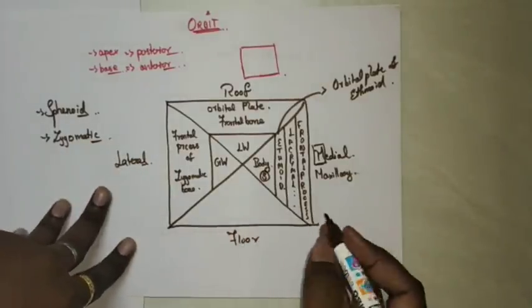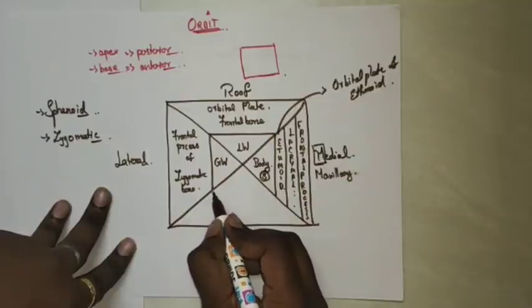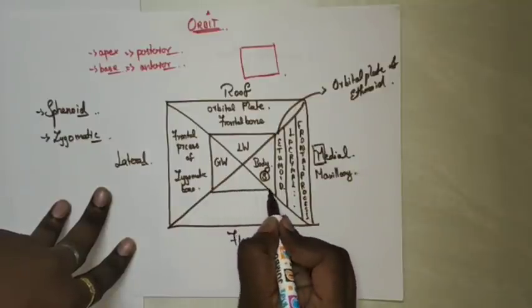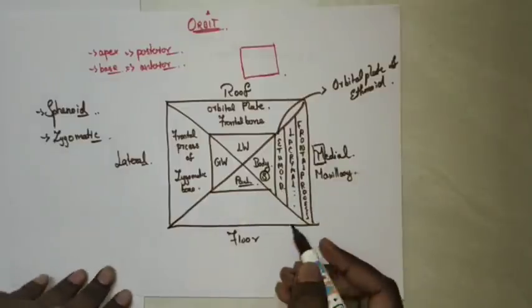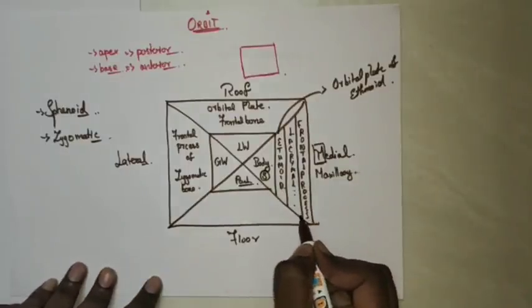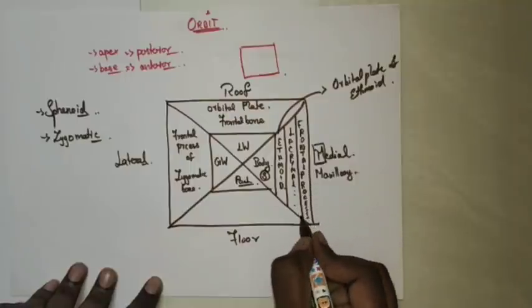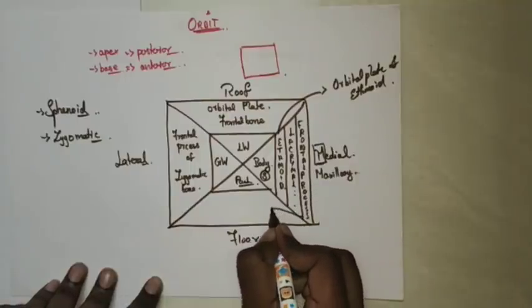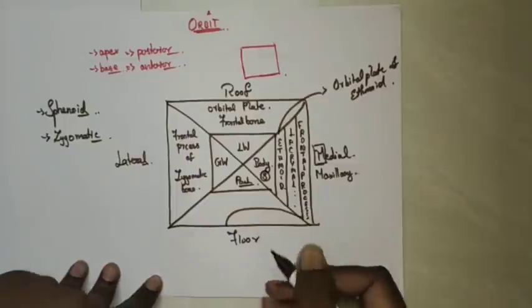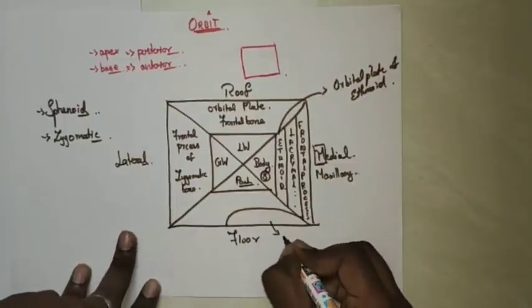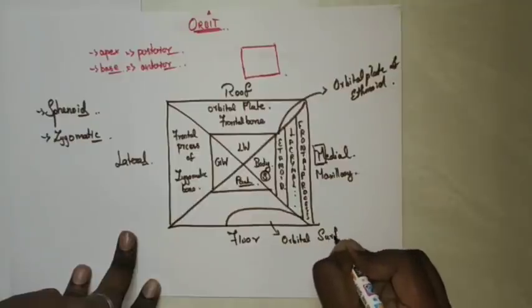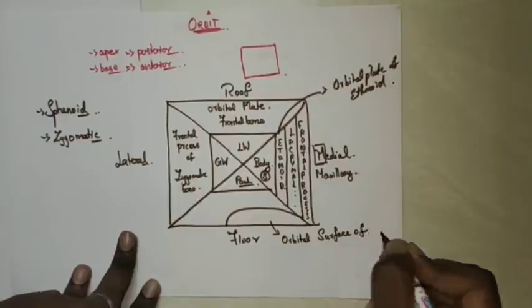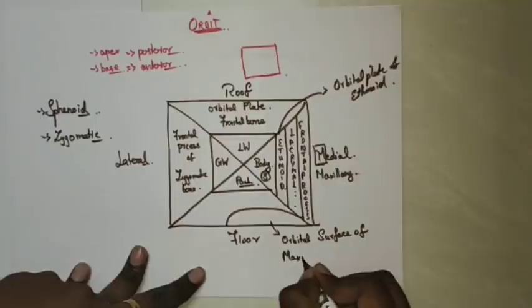Coming to the floor, superiorly it is formed by the palatine bone, and to some extent the maxillary bone covers the floor of the orbit, which is known as the orbital surface of maxillary bone.